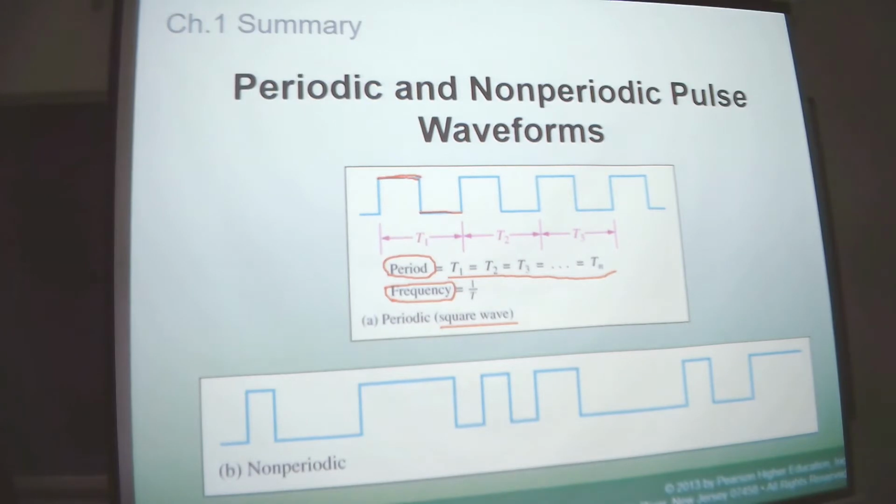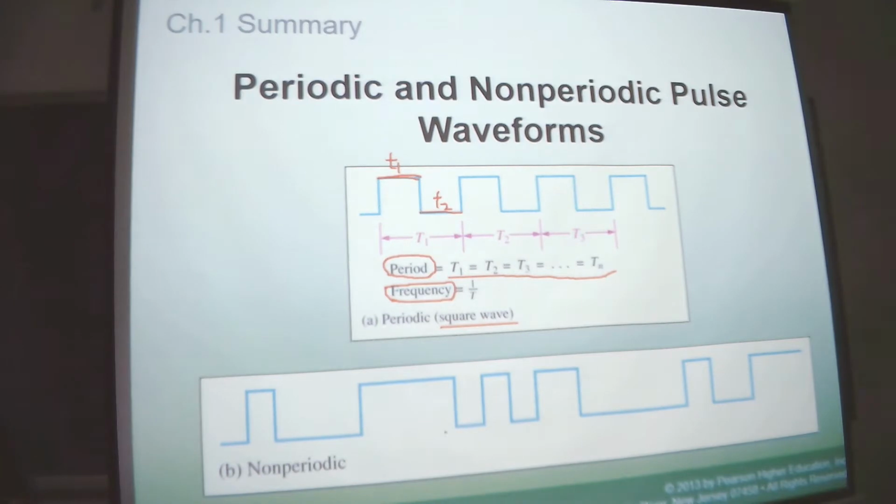If we use T1 and T2, T1 equals T2, then we call this waveform periodic.